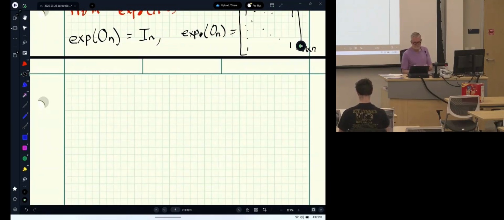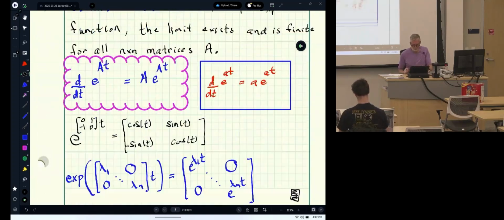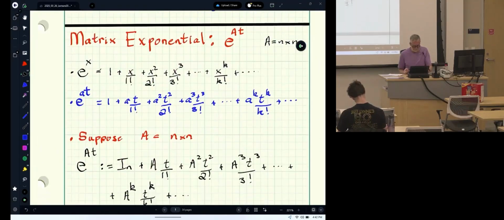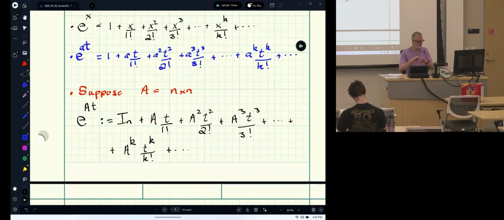Now's probably a good time to get questions. Are we believing in the existence of a matrix version of the exponential? We kind of see that it can be defined. We went through the differentiation.